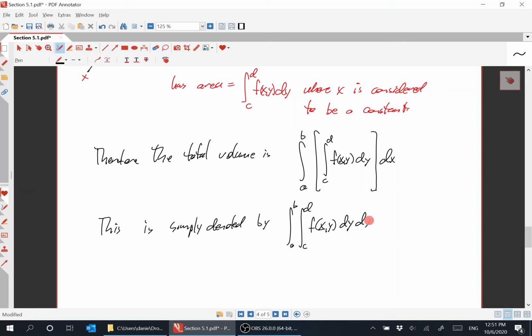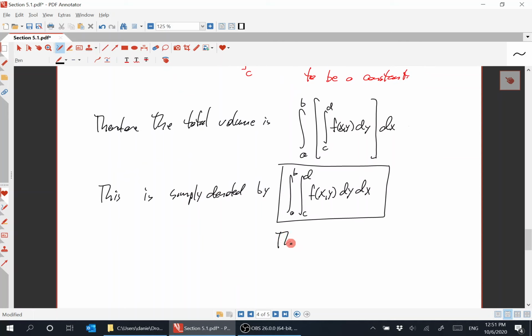You write dy dx to signify that you're going to calculate with respect to y first, and then x second. So we do the integral with respect to y first on the inside, and then we do the integral with respect to x second on the outside. And this is called an iterated integral.